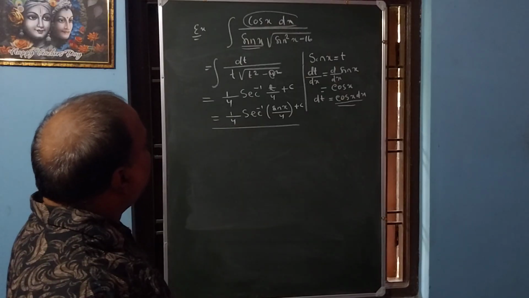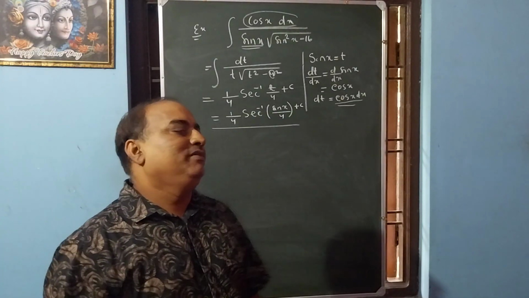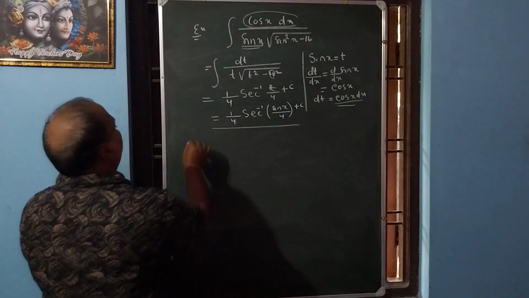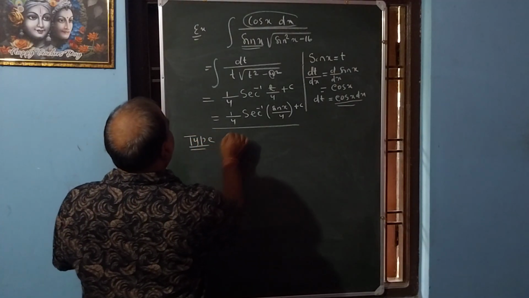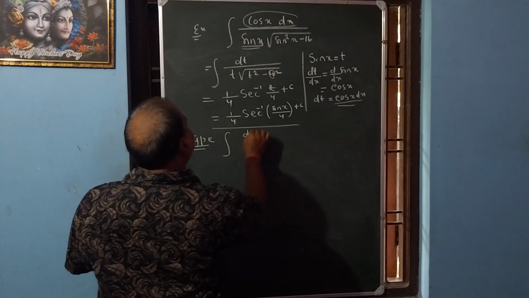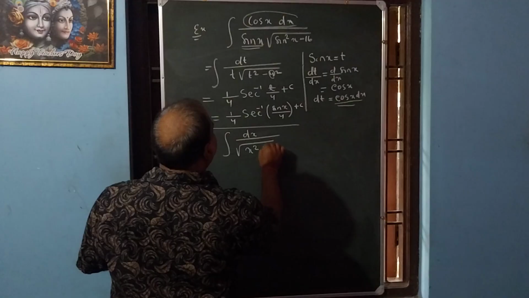Okay. So now we are going to discuss another type. Write down type number 2. Integration of dx by root over x square plus a square.